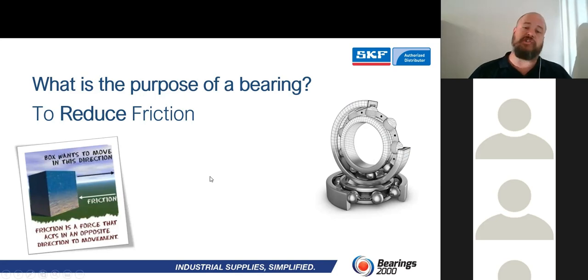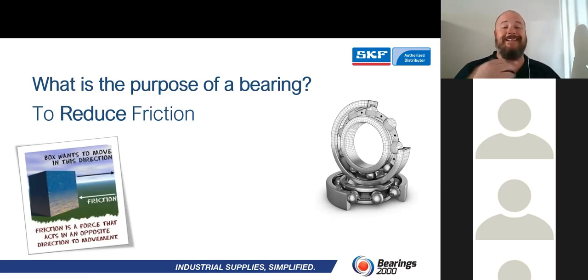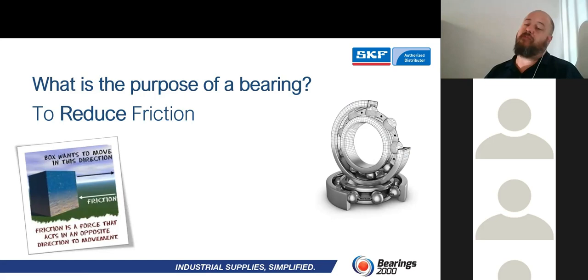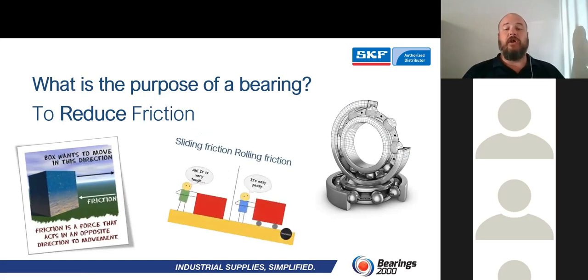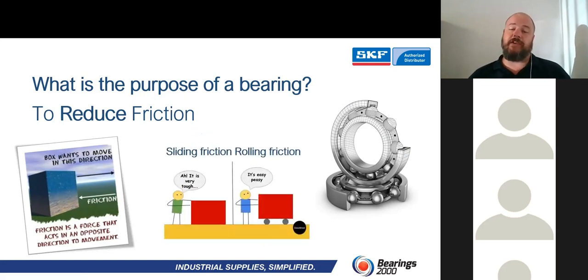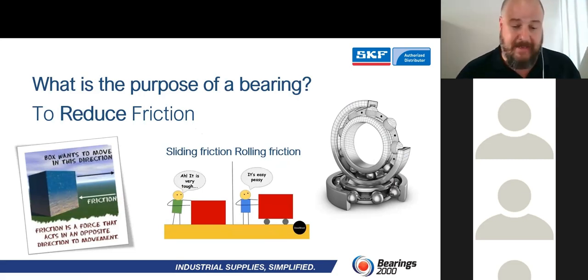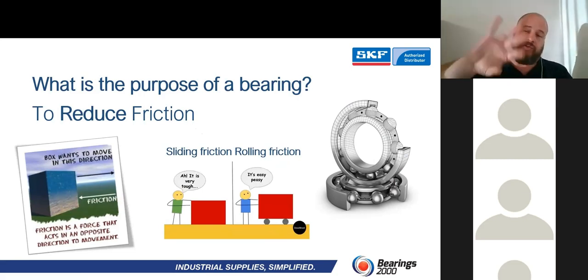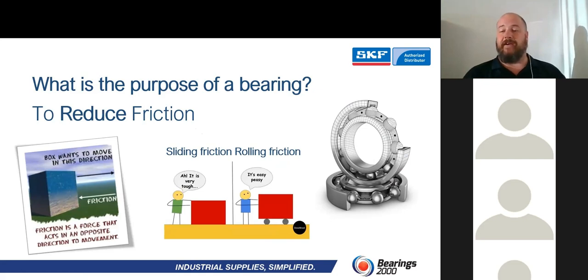So we are just trying to reduce it, and in reducing it by means of rotating, you would get two types: the sliding friction, which is your plain bearings like your GEs, plain spherical bearings, which is just oscillating, and then of course your rolling friction, which is your bearing itself, the ball bearing or roller bearing or needle roller, whatever it is that you are actually using.